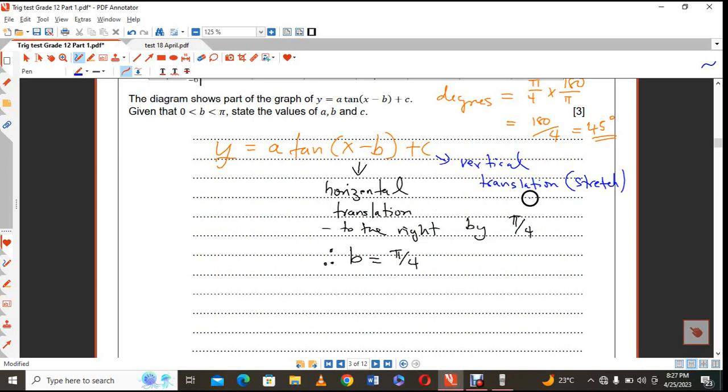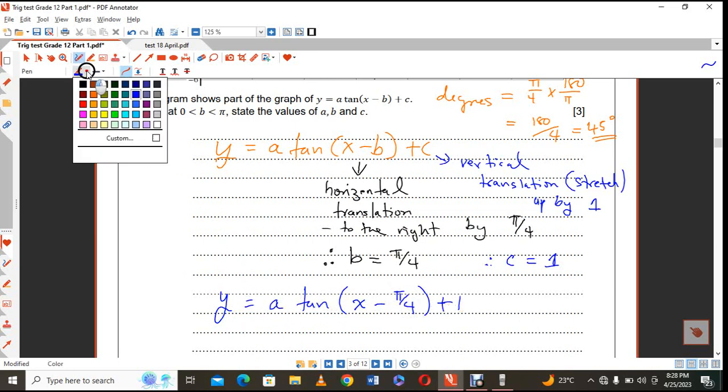It went up by a whole 1, so therefore our C is positive 1. So let's now go back and write down what we have. Now I know that y equals a tangent of x, and our value of b is pi over 4 plus 1.